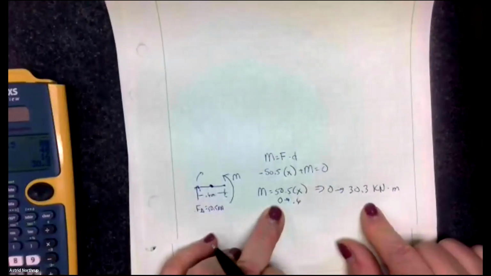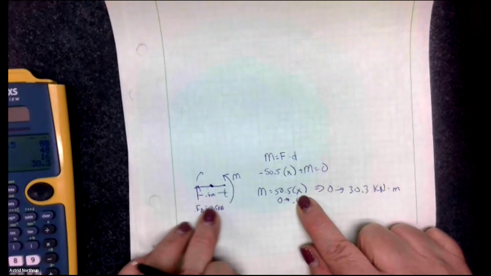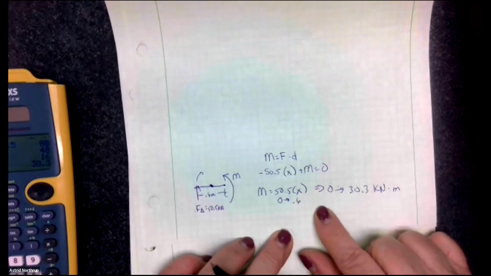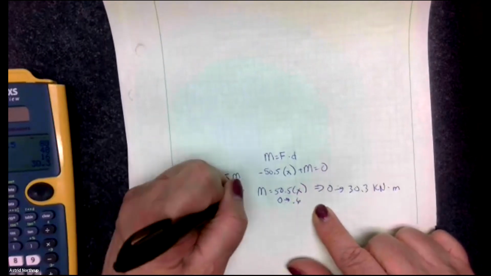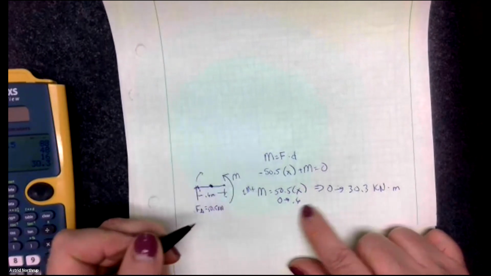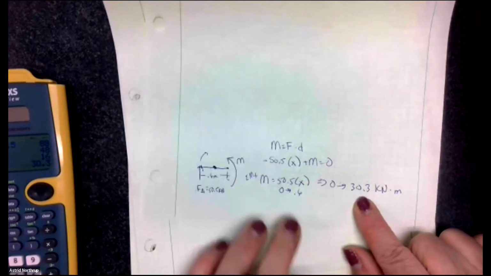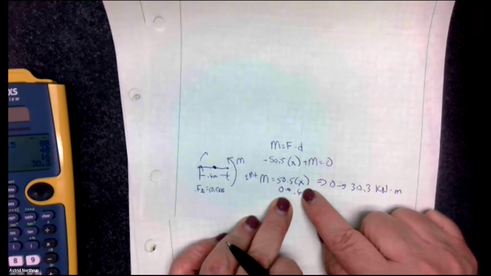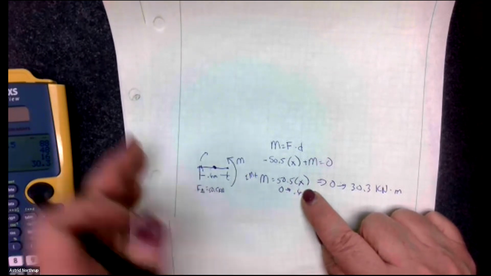All right. Now, first of all, the thing I want you to see is that the moment is going to be positive because of this summation of moments about some point x equal to 0. And it's also a number times x, which is a linear equation, right? Which means it's a straight line.